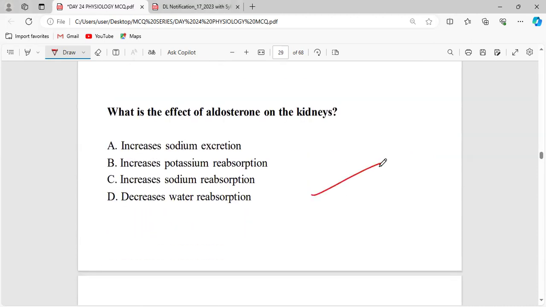Now, what is the effect of aldosterone on the kidney?